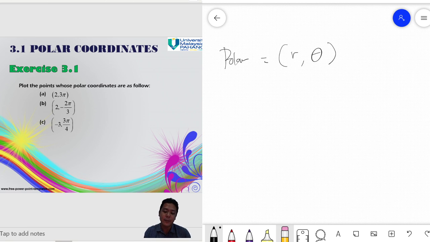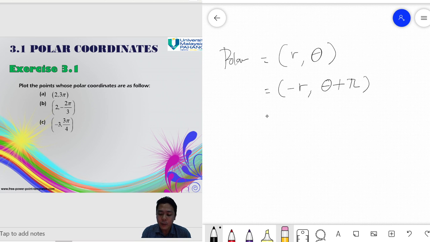And please remember several things as well. For example, if we want to convert it into negative r, then the actual degree is theta plus pi. Make sure your degree is in radian form.